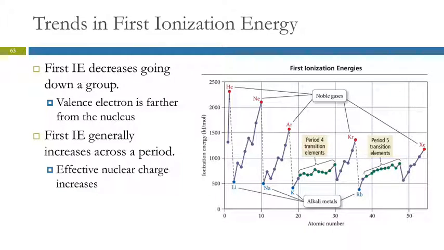It's easier to take an electron. As you go across a period, the ionization energy increases as the radius decreases. So I just go back to, it's easier to snatch a kid from a large family than a small family. You know the radius trend, and then you can figure out the ionization energy trend.